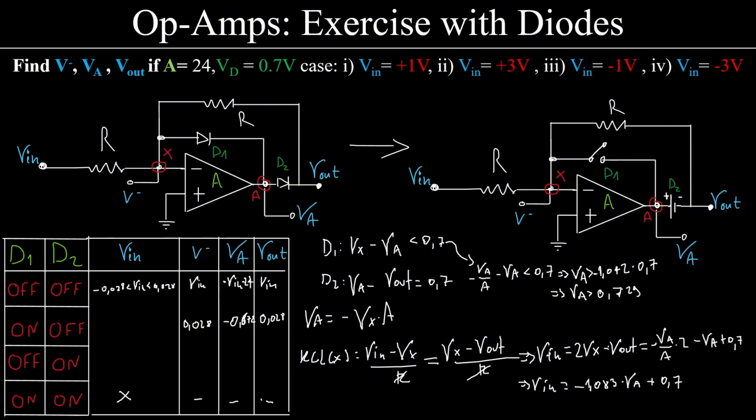So Va must be more than 0.729. Now I can go ahead and replace this expression inside here very carefully, approximately.